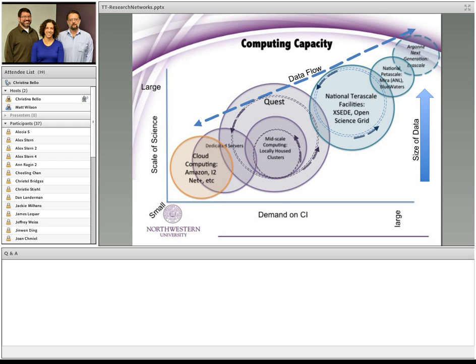So along this backbone of computing capacity, data are generated, collected, analyzed, and mined. And data flows across all different scales of computing capacity. The reasons why the data flows are many, and we're going to try to cover them as much as possible.